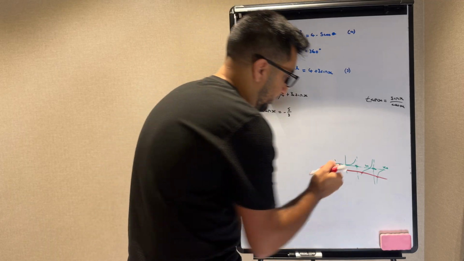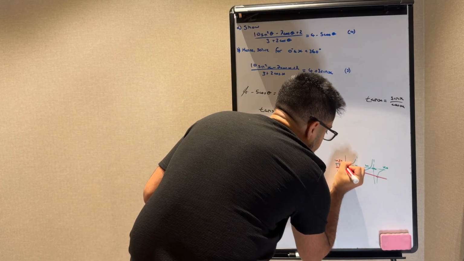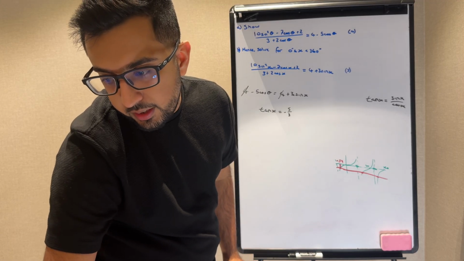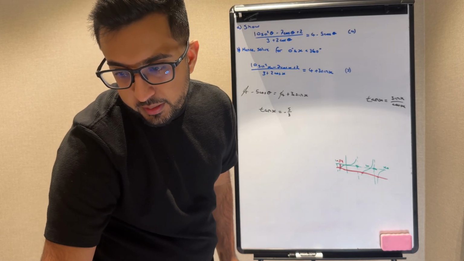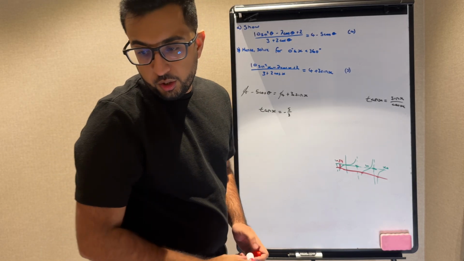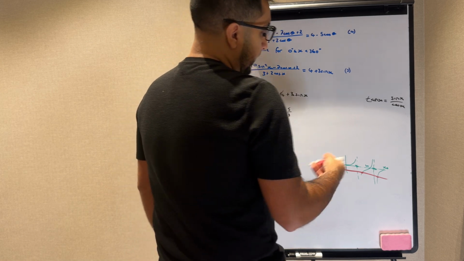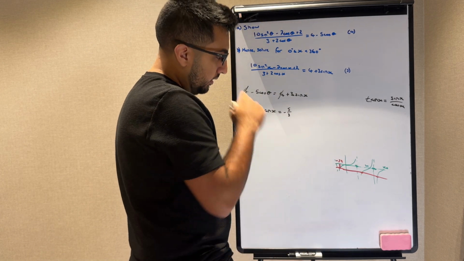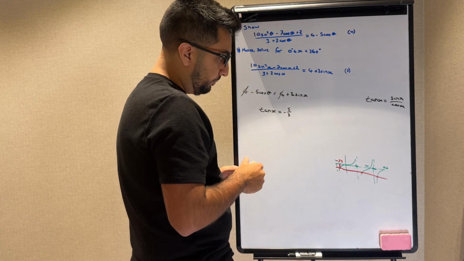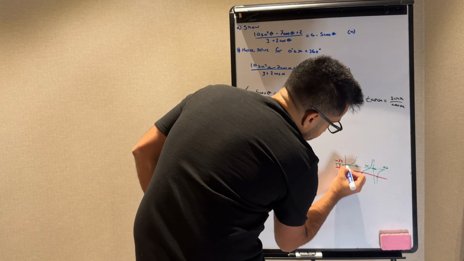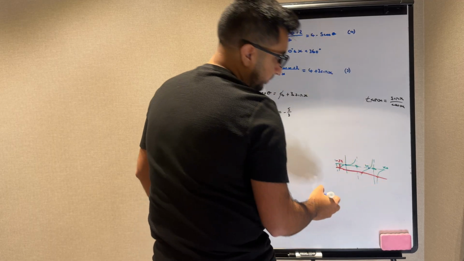Minus 59. I'm going to quickly check. Does the question specify if it wants a certain amount of decimal places? No. So I'm going to leave those whole numbers because it was minus 59.0. Now tan's the most easiest one to work with. If you're not sure, pick 2 points. So this one and this one.